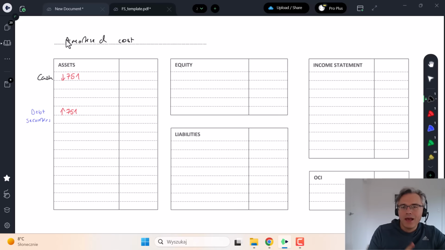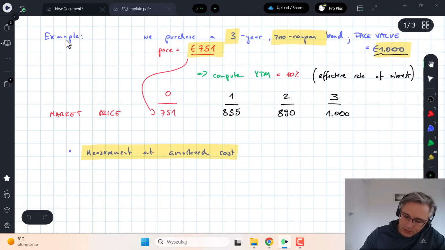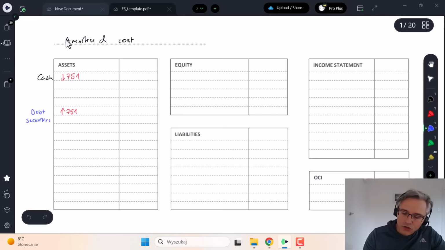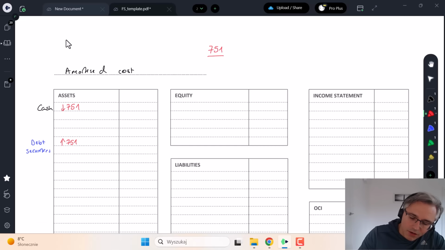When you measure at amortized cost, the fact that the debt security subsequently changes its value in a pretty unpredictable way, going up or sometimes going down, actually not in this example, it continues going up as dictated by demand and supply conditions, doesn't really interest you, because you set out a predetermined path from the initial 751, which you enter into your financial statements at time zero, all the way to that predicted 1,000 at the end of year 3.